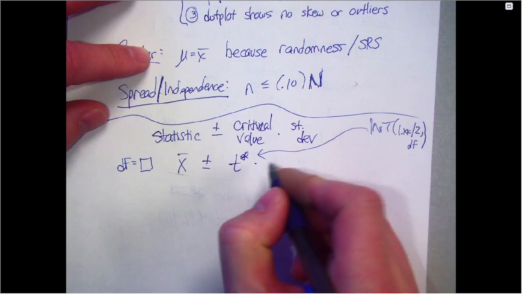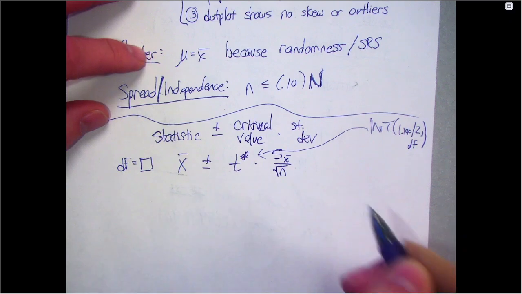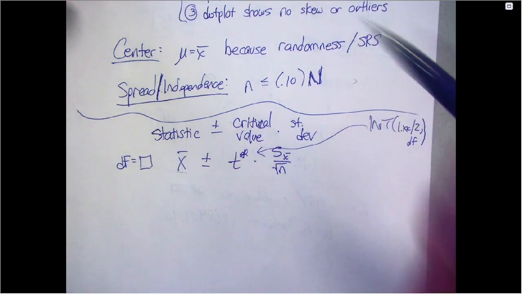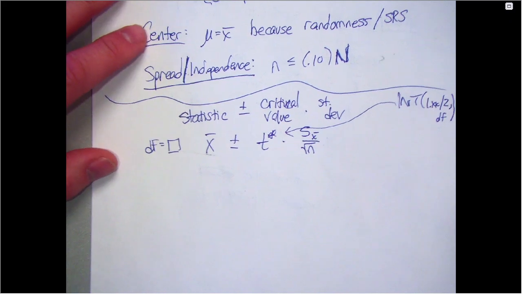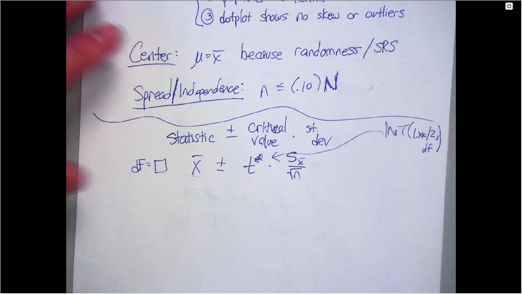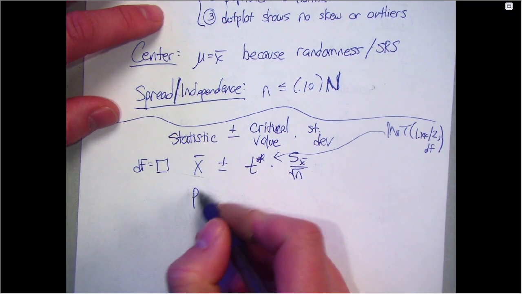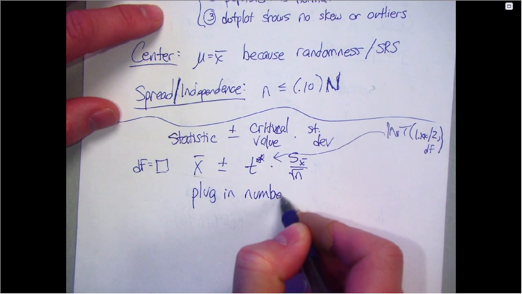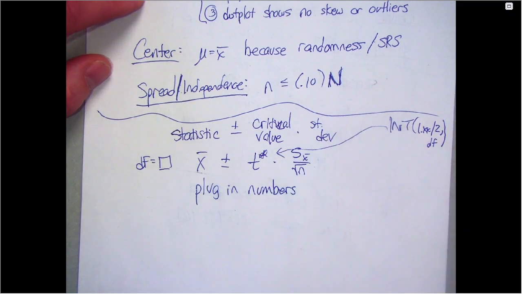And then the standard deviation is our sample standard deviation divided by the square root of n, which we have all that stuff from above, that's why we put this stuff up here. And then you plug in numbers, so I could put a bunch of number signs there, but it's easy to say plug in numbers. So again, you're showing the grader words, symbols, numbers.